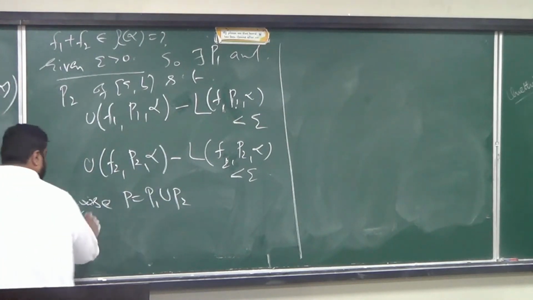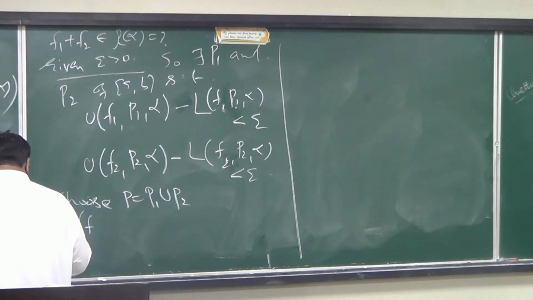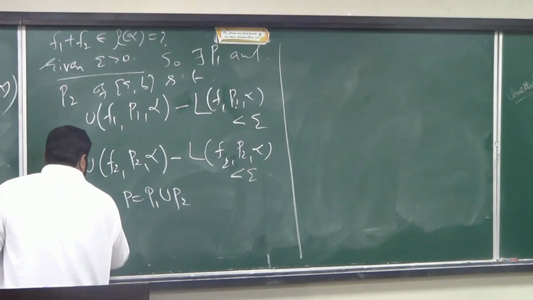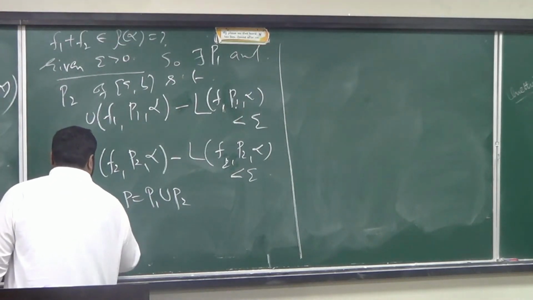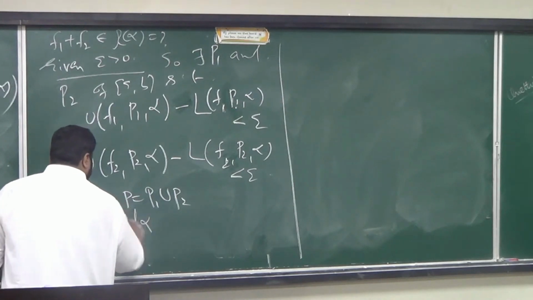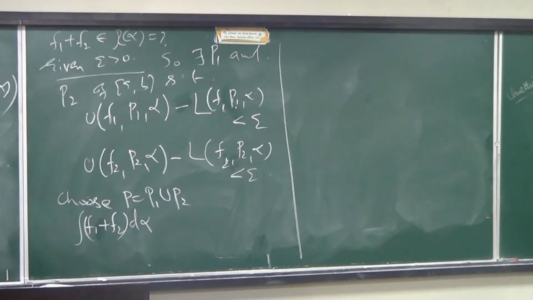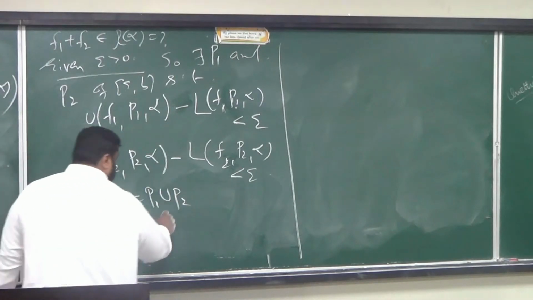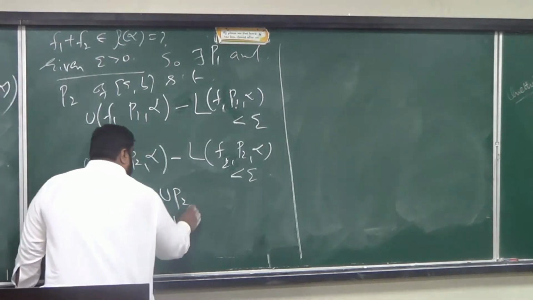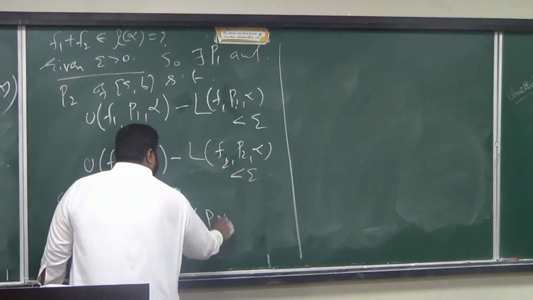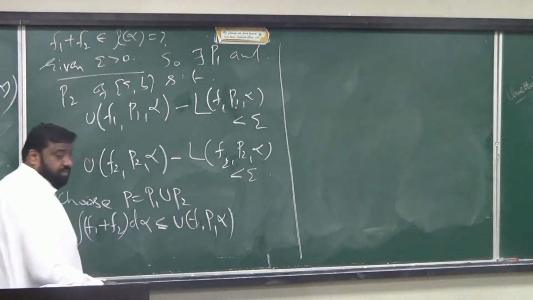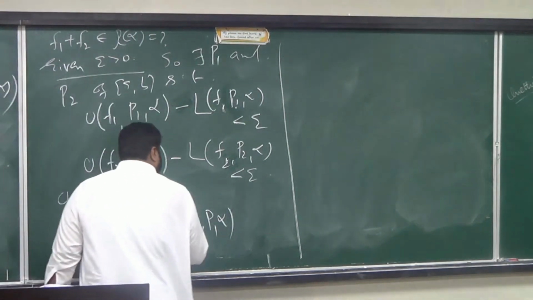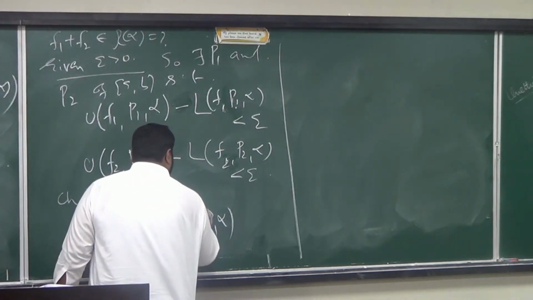Okay, so what would be the integral of f1 plus f2 d alpha? I know that this must be from U(f, P, alpha), where f is f1 plus f2.